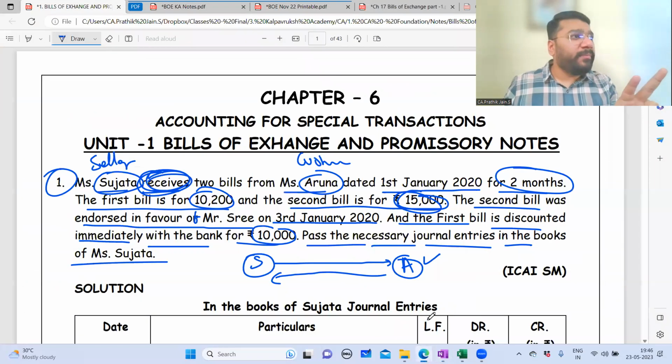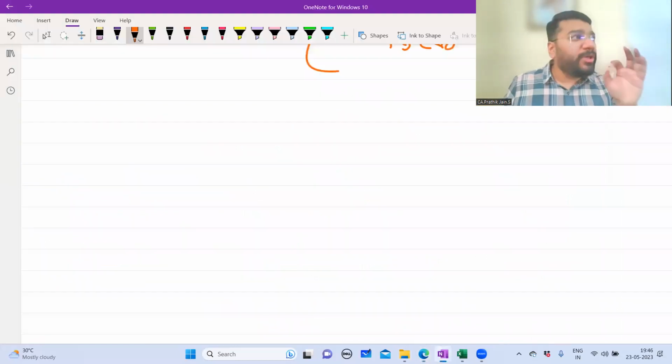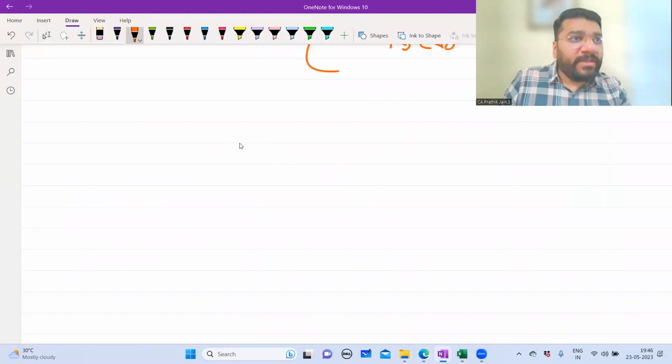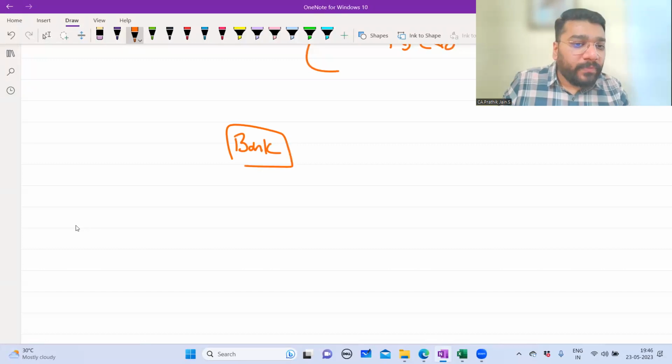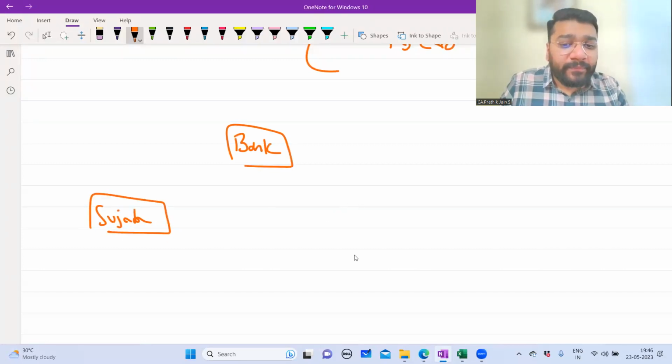There are 2 different bills now. Treat this question as 2 different questions. If anywhere you have a doubt, draw the diagram. In the first case, bill 1, what is happening? There's a discounting. So there is a bank involved. Then we have Sujata. Then we have, what is the girl's name? Aruna.